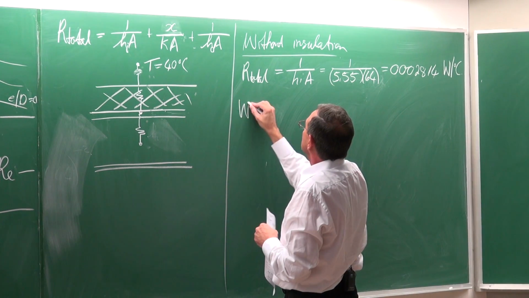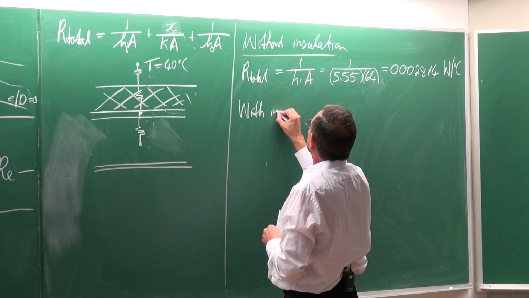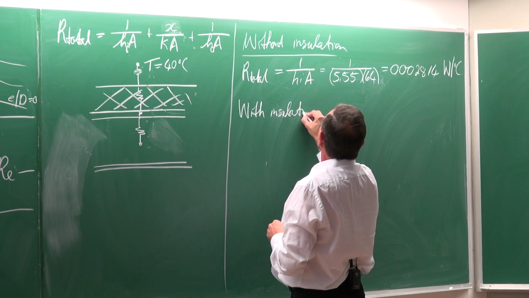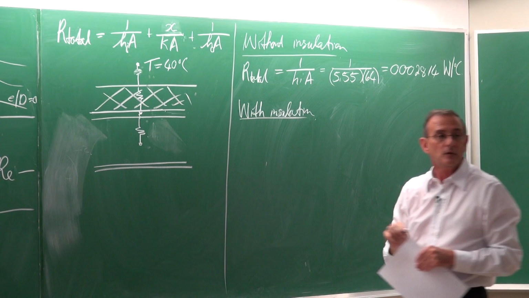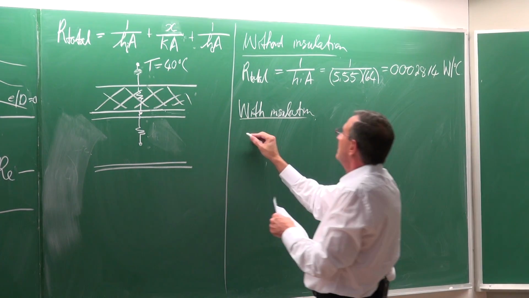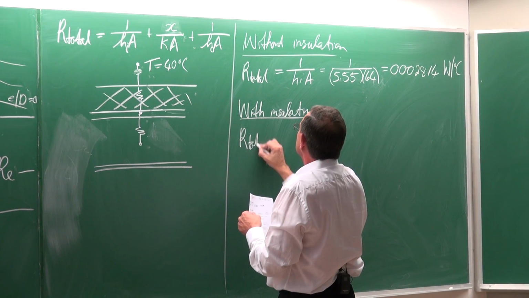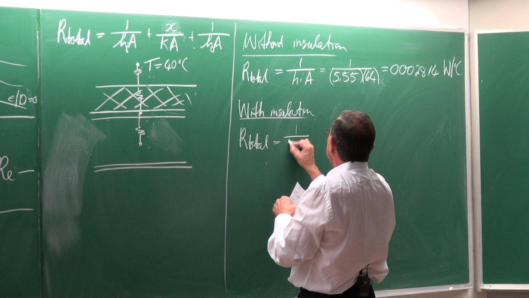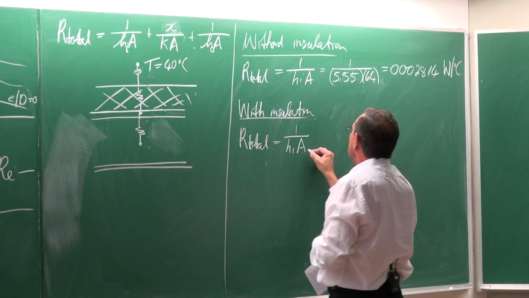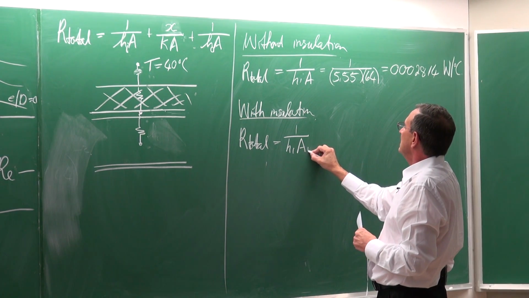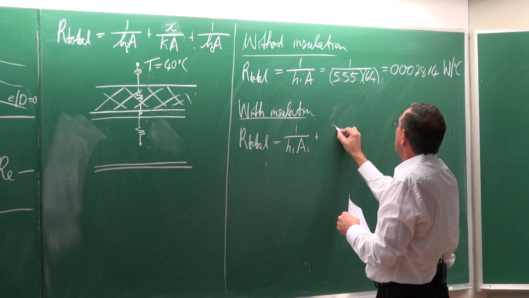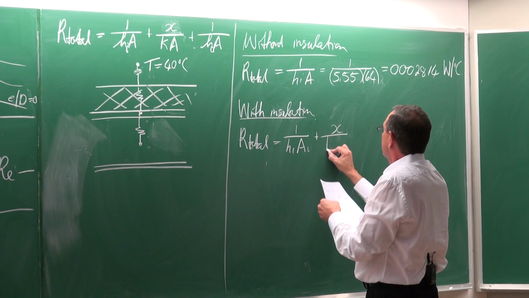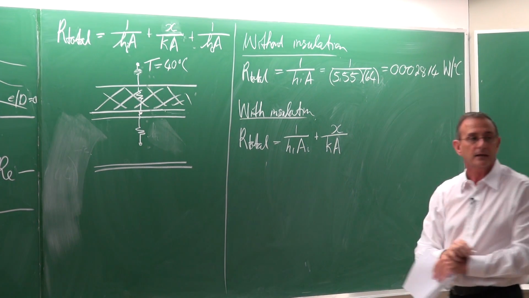If we look at the resistance with insulation, then the total resistance is going to be equal to 1 divided by the heat transfer coefficient on the inside multiplied by the area on the inside, plus X divided by k times the area.